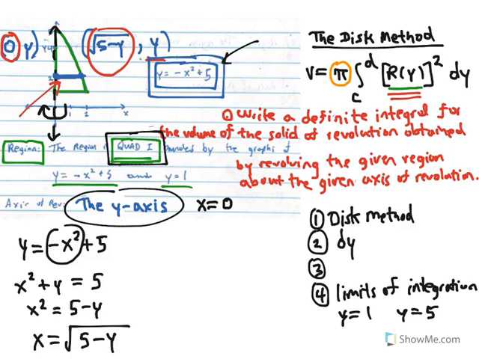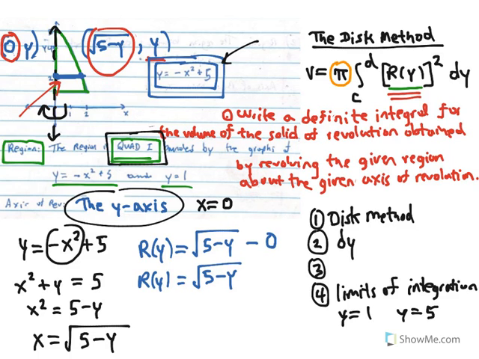So r of y, the radius as a function of y, is the difference in the x coordinates of the right and the left endpoints. So this is what we have. R of y is equal to the positive square root of 5 minus y minus 0. So when you simplify, you just get the square root of 5 minus y.